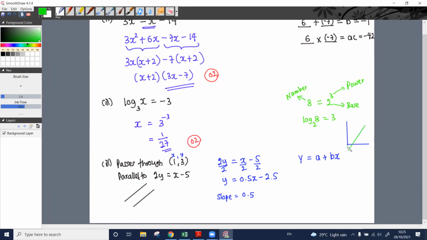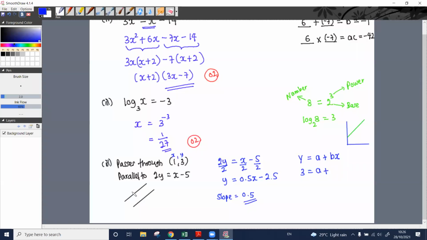Here, the intercept value is not relevant. We should get a straight line moving upward. When x equals 1, y should equal 3. The intercept we don't know, but we got the slope value, that is 0.5.